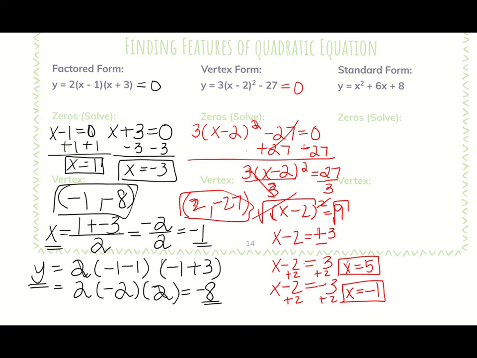Hopefully standard form is a little bit more familiar to us, because it's the most recent form that we've been working in, at least for finding the vertex. We should be pretty good at that. But for the zeros in standard form, there's really two ways. You can either factor, or you can use the quadratic formula to solve. x squared plus 6x plus 8 is actually factorable.